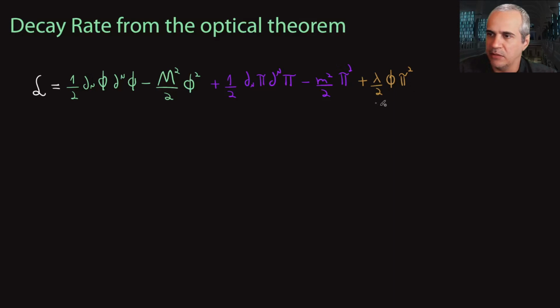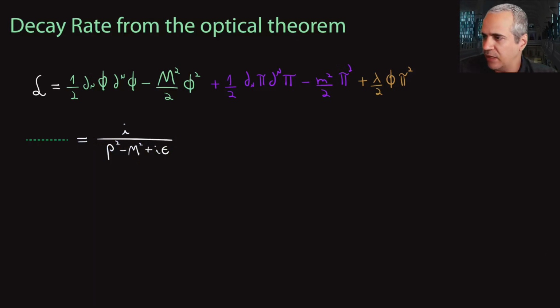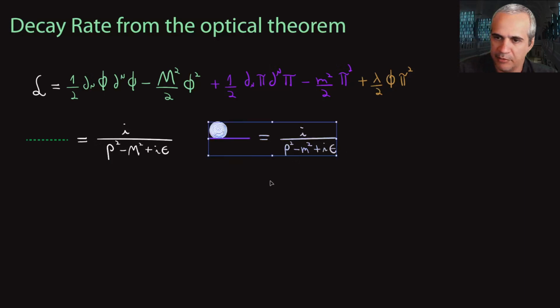So the Feynman rule for this involves one phi line and two pi lines with coupling strength lambda. Just to differentiate those two, I'll use a dashed green line for phi, with uppercase M mass, and a purple continuous line for pi.